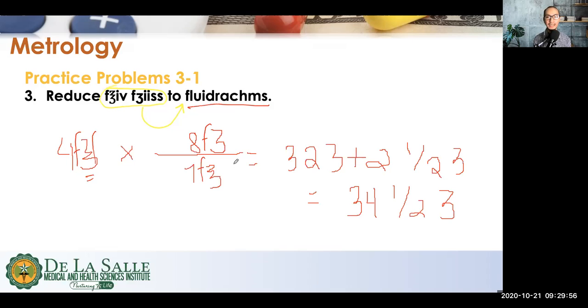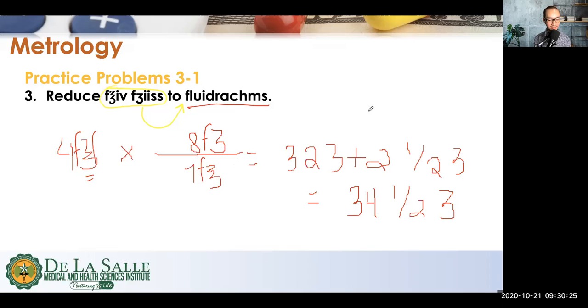In the weight measurement, remember that 12 ounces are equivalent to a pound in the apothecary system, while in fluid measurement, 16 fluid ounces are equivalent to a pint. That's where they differ.